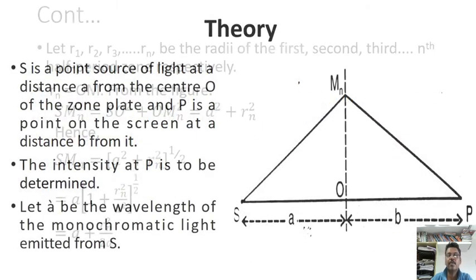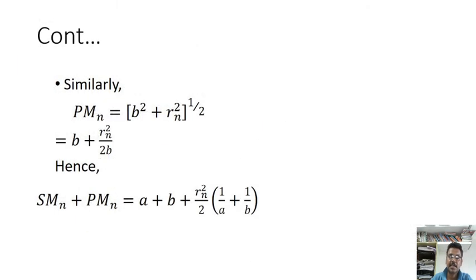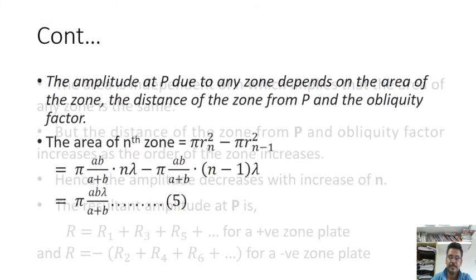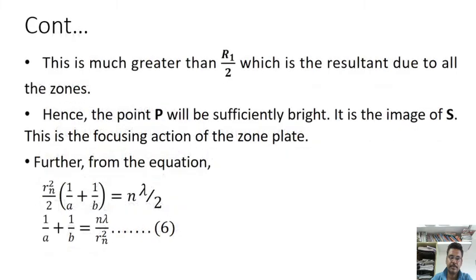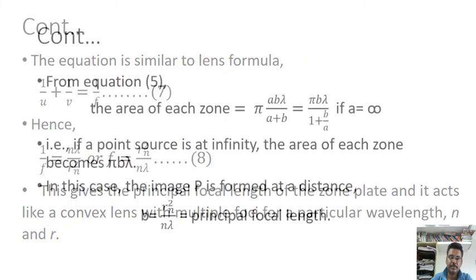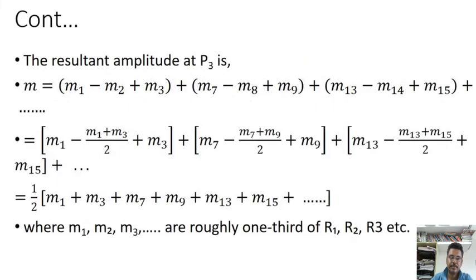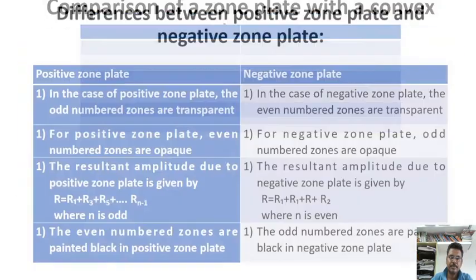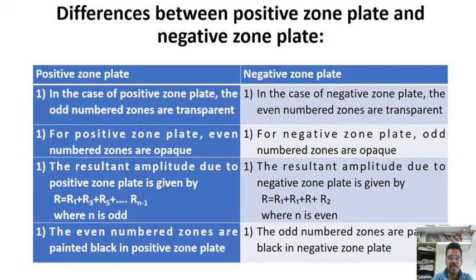Now we come to the differences. In the positive zone plate, the odd number zones are transparent.